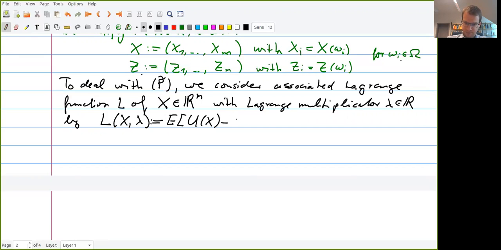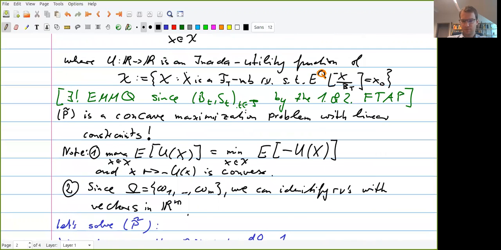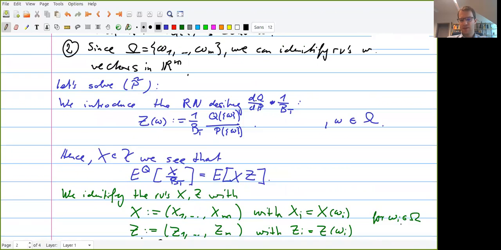Then we have here the penalization. That's right, so this is the linear constraint given by the set script x.